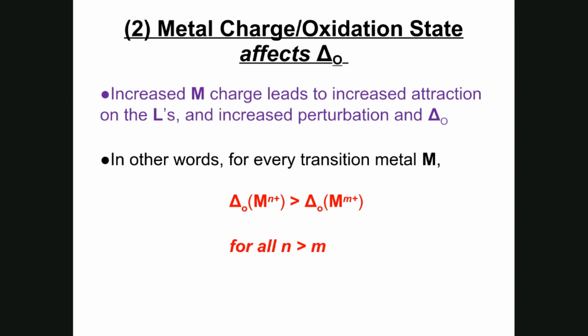I think it's obvious with the charge that if you've got a very large charge on the central metal, the amount of pull that it will have on the ligands will be very high. If you've got a metal in a 2+ oxidation state, the same metal in a 3+ oxidation state, and the same metal in a 4+ oxidation state, and they interact with the same type of ligand, the forces of attraction, remember that the more positively charged something is, the more affinity it will have for negative charges.